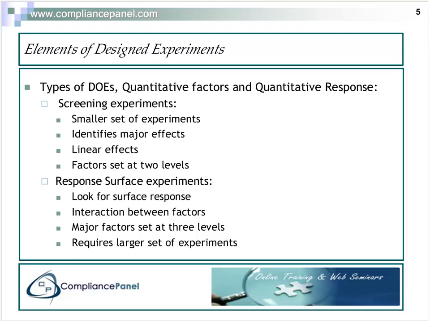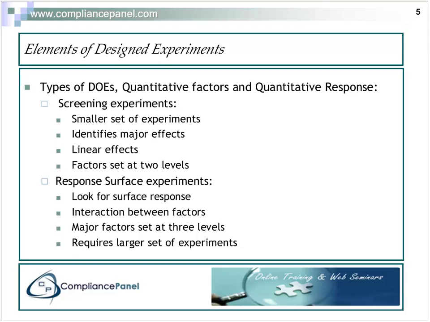So let's talk about the elements of a designed experiment. And as you'll see, typically you will see design of experiments broken into what I will consider to be two different schemes. The first being the screening experiment, and the second being the response surface experiment.